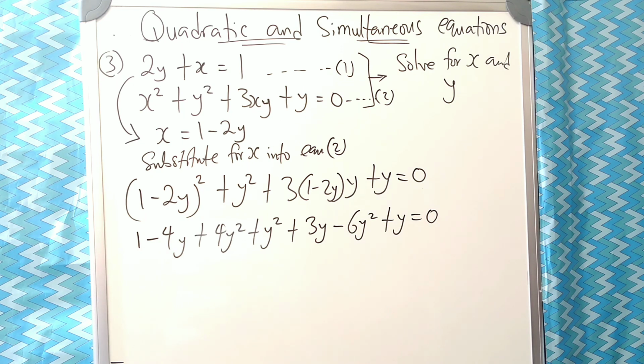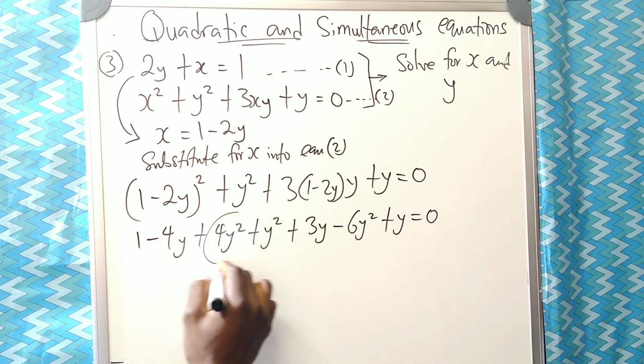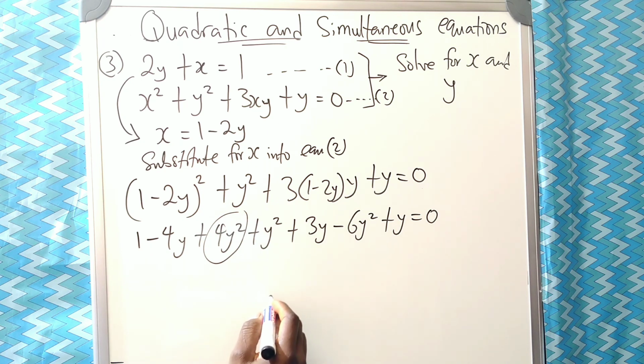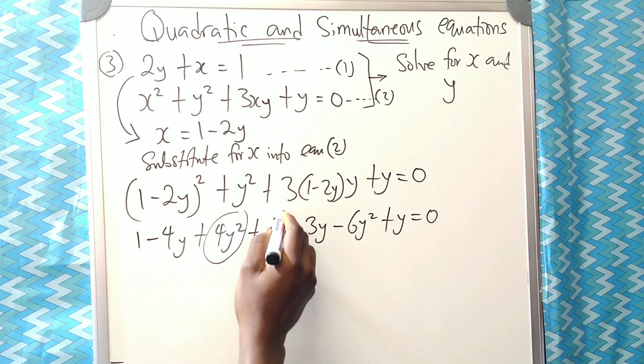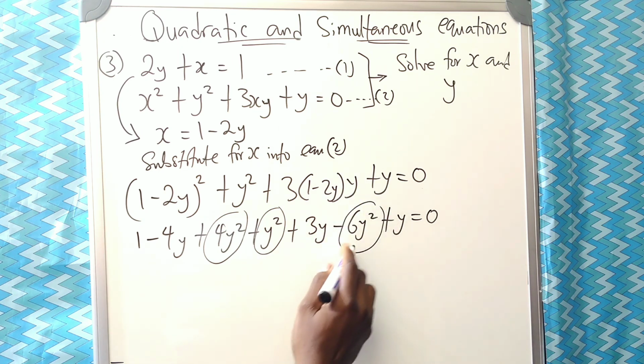At this point, we have some terms that bear the same characteristics. For instance, now we have 4y squared here. We have another y squared here. We have another minus 6y squared here.